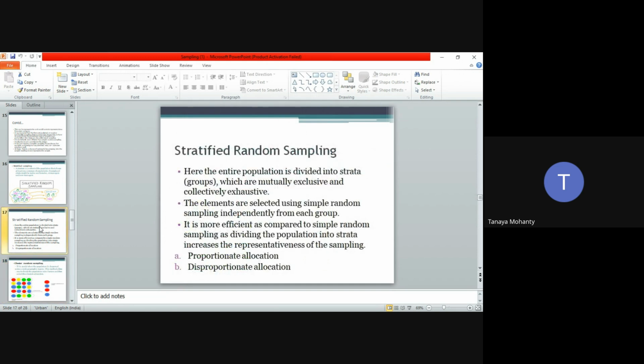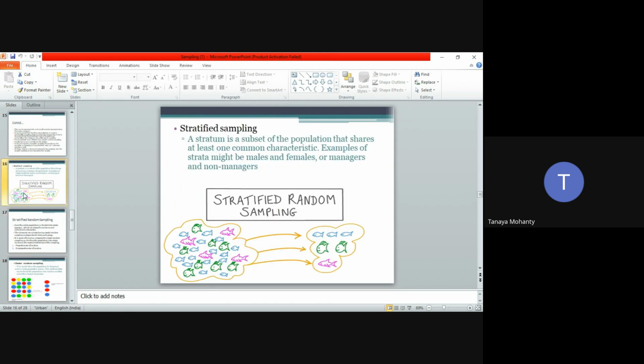In proportionate allocation, you choose a proportion. As I told you in the first picture, the maximum number is held by the blue color species. So proportionately I have chosen the maximum number from blue.